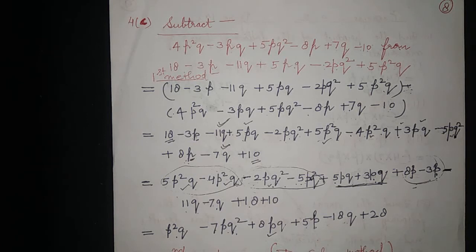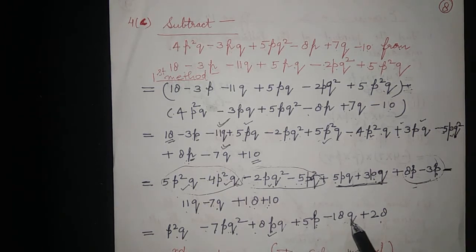You get minus 18q. And at last you will add 18 and 10. You get 28. So your result is p square q minus 7pq square plus 8pq plus 5p minus 18q plus 28.